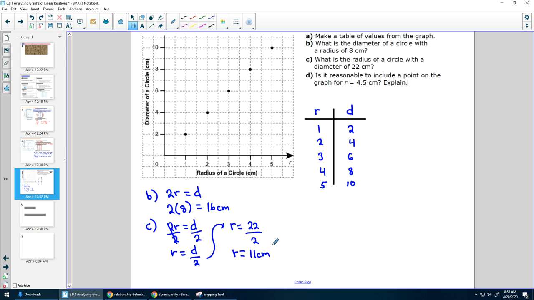Okay, last question. D. Is it reasonable to include a point on the graph for r equals 4.5 centimeters? Explain. Well, let's just look at this. 4.5. Is it reasonable to include a point on the graph for this?